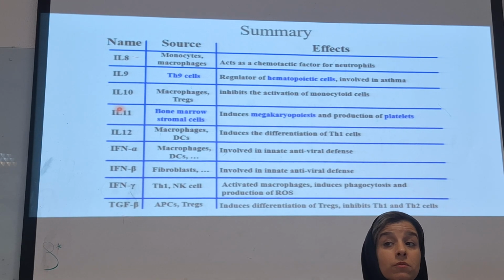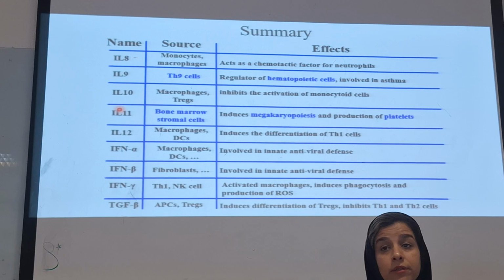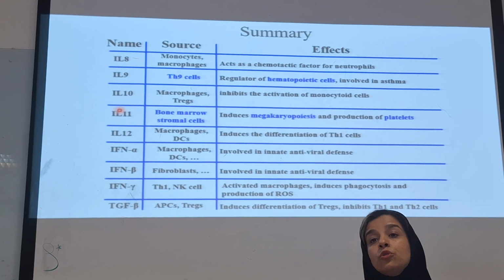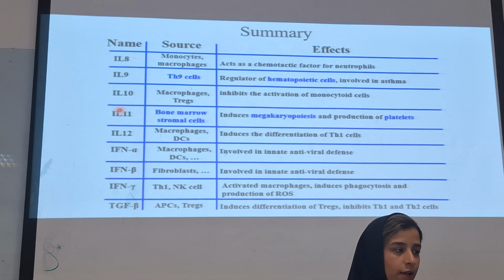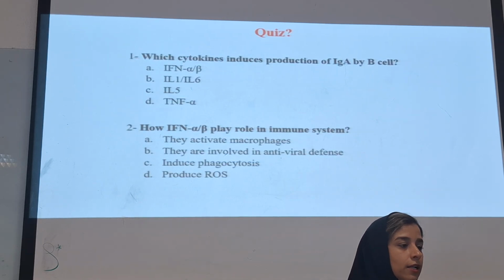Okay, the number of immune cells is reduced, and our immune system needs some triggers, some stimulators to produce more immune cells. And finish. Thank you for listening to me.